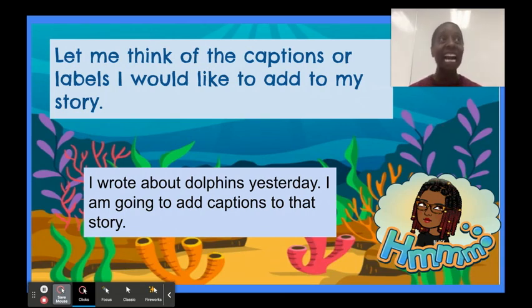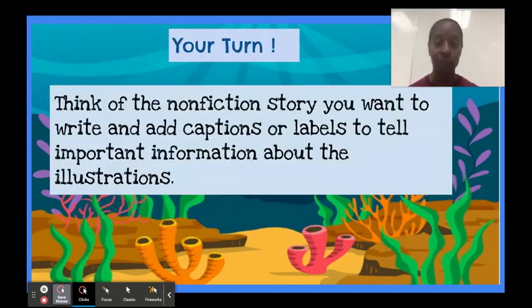And I think I'm going to add captions about the killer whale because I've learned that the killer whale is the fastest, he eats the most, and that he lives very long. And that would give my readers who are reading my nonfiction writing more information.